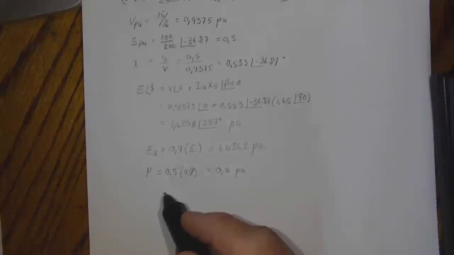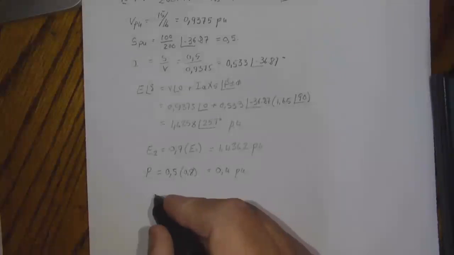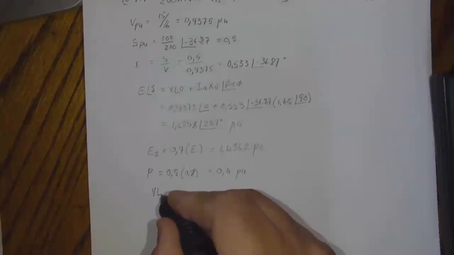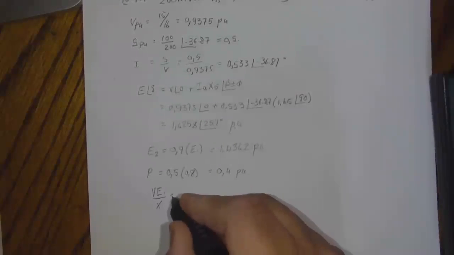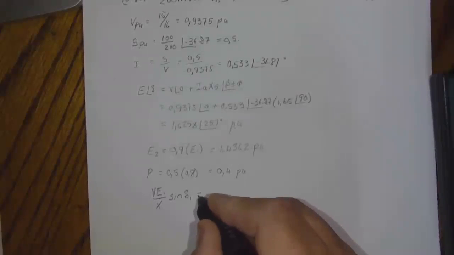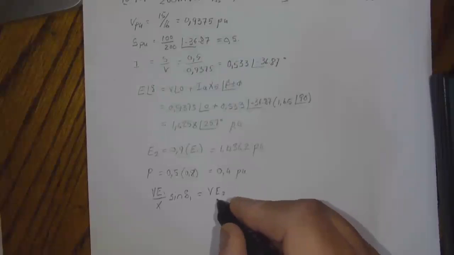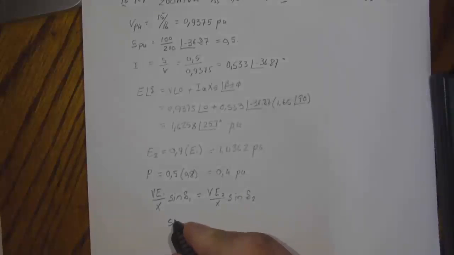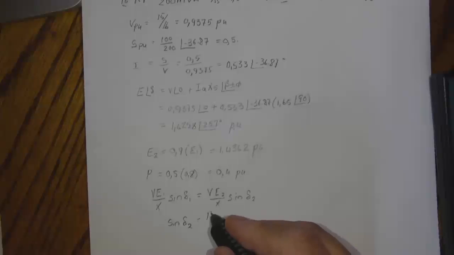So now the powers being equal, we can say that VE1 over X sine delta 1 is the same as VE2 over X sine delta 2. You agree? So now we have to determine sine delta 2. That will be PX over VE.